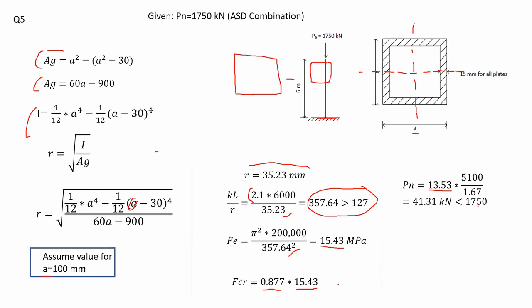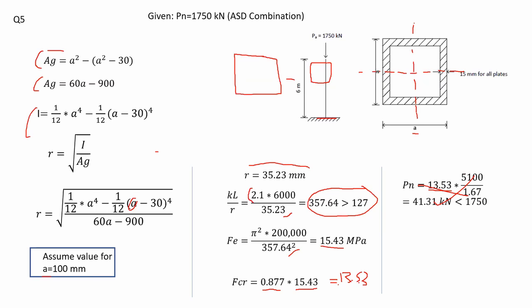So it seems like there is a missing part for this. Ignore this part and let me, sorry about this, let me calculate this part. It's missing. This is actually equal to 13.53.